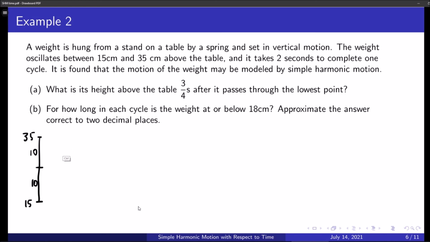However, if we look at question A, it hasn't really given us an initial time frame, so we might as well start counting at the lowest point. So we might as well count at this point here and then it goes up.